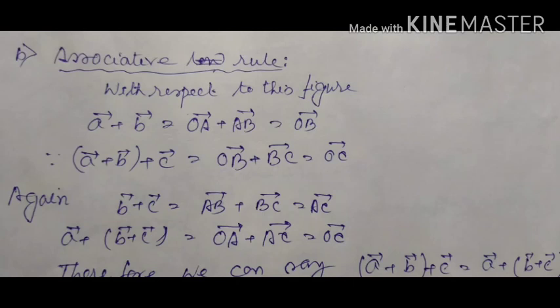So A vector plus (B vector plus C vector) is equal to OA vector plus AC vector, that is equal to OC vector. Therefore, we can say (A vector plus B vector) plus C vector is equal to A vector plus (B vector plus C vector). This condition is known as associative law.